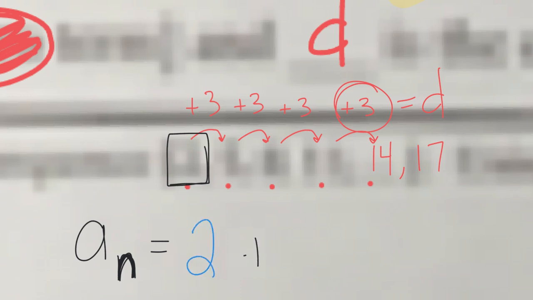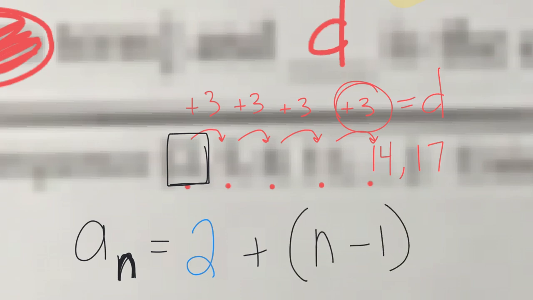So let's write our formula. A sub n equals. Anytime we're writing a formula, we write a sub n to notify us that this is our general term, our sequence. So we use the first term, which is 2. 2 plus, now here's our formula part, n minus 1.